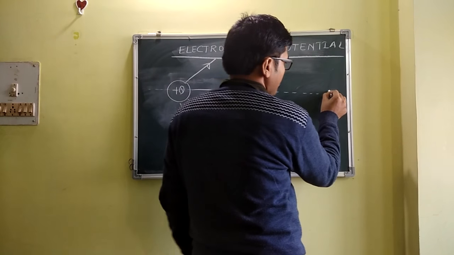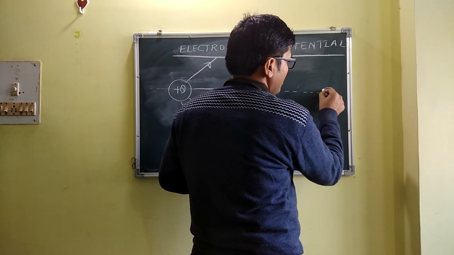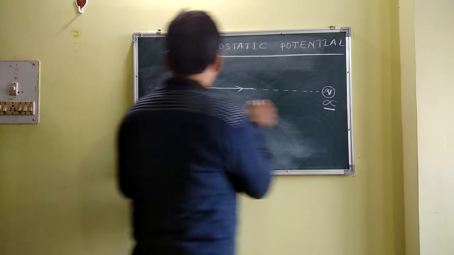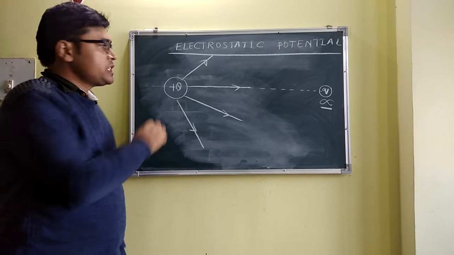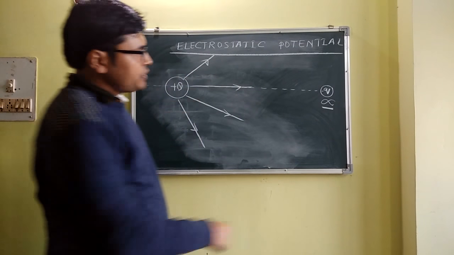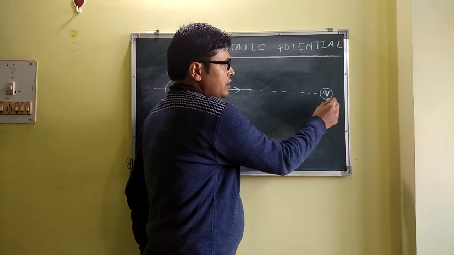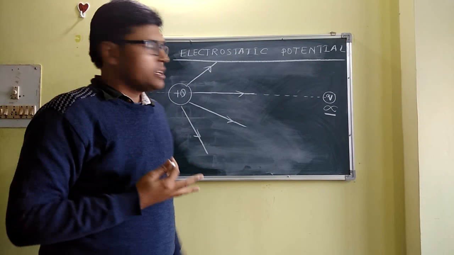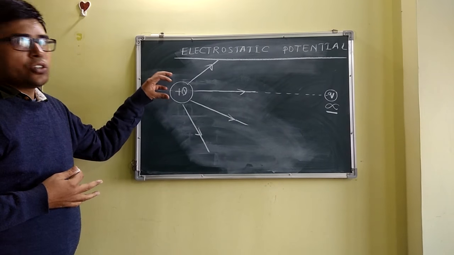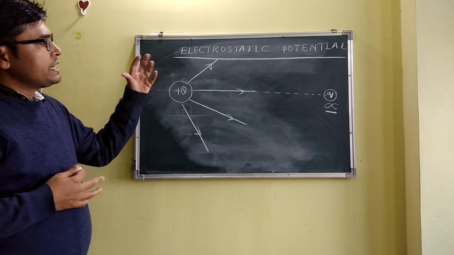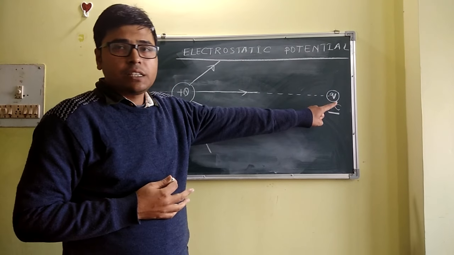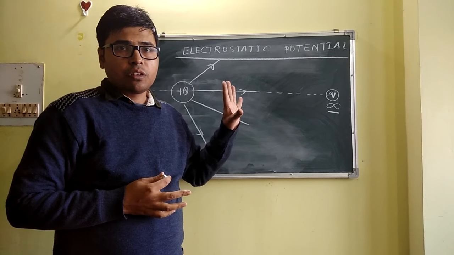Now, this test charge is placed very far away from this charge, which is basically creating the field. Now, we will move this charge to this position. We can assume that the field of this charge at this point would be 0.